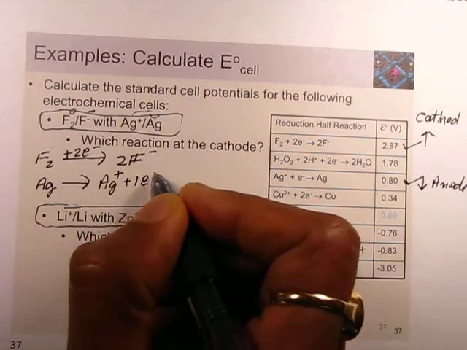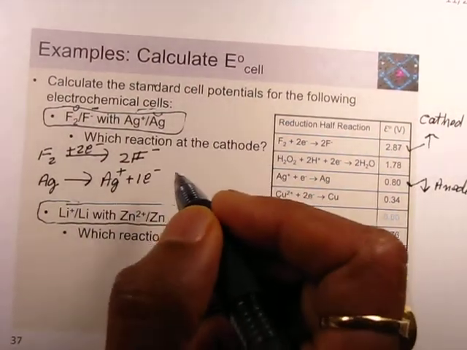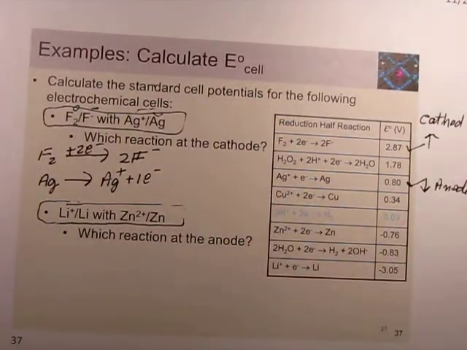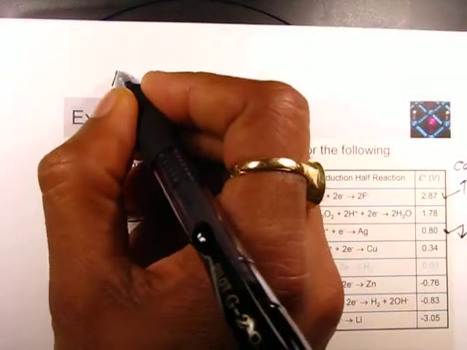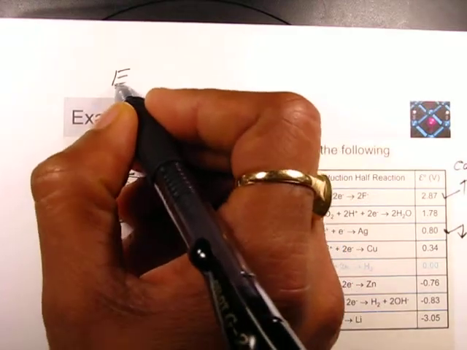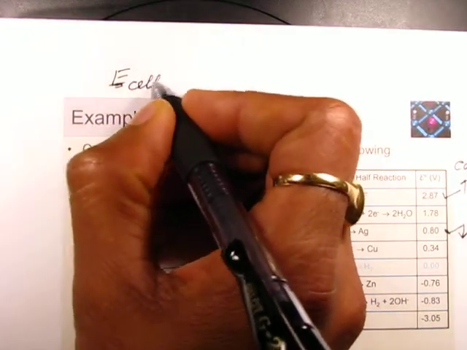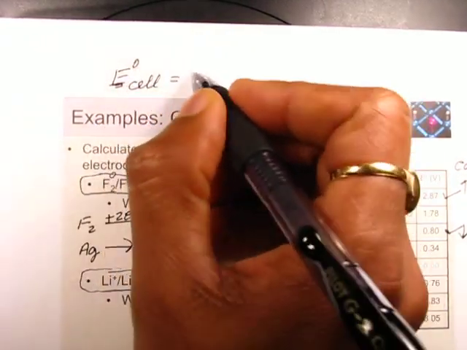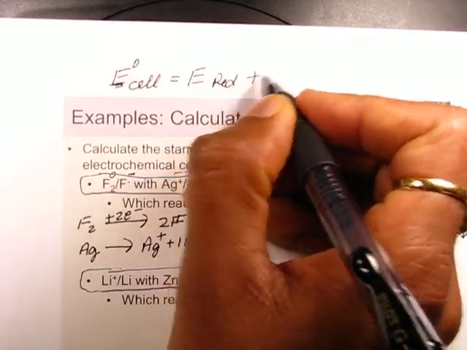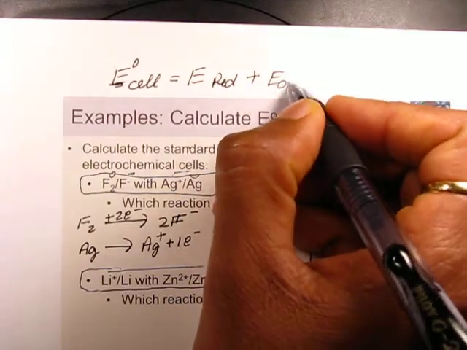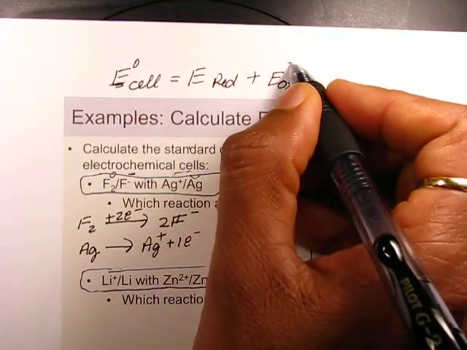And to calculate the E cell potential for this reaction, we will use this formula: standard E cell will be equal to E reduction potential plus E oxidation potential, right?